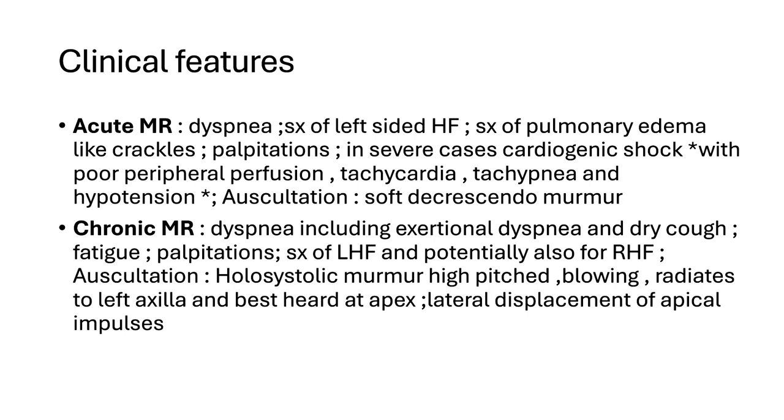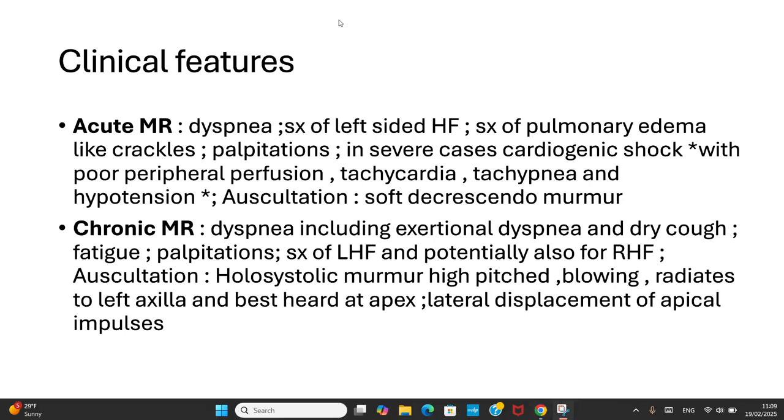In severe cases, there will be cardiogenic shock with poor peripheral perfusion, tachycardia, tachypnea, and hypotension. On auscultation, there will be a soft decrescendo murmur. No murmurs of severe regurgitation with left ventricular dysfunction or hypotension.